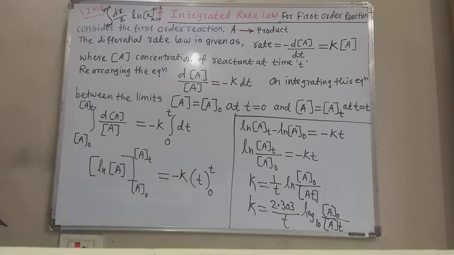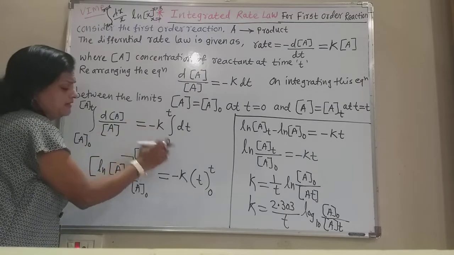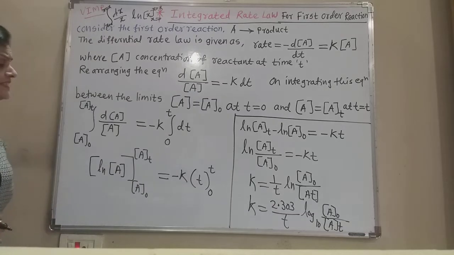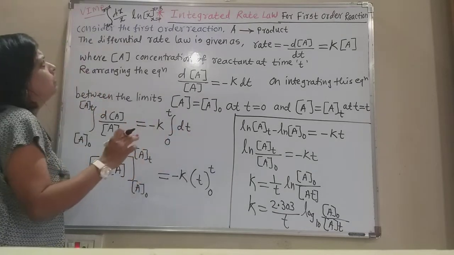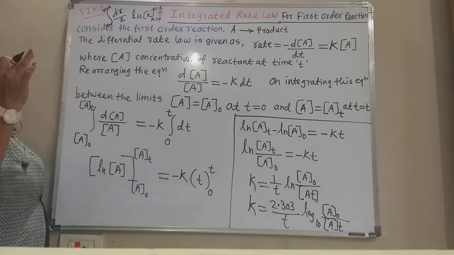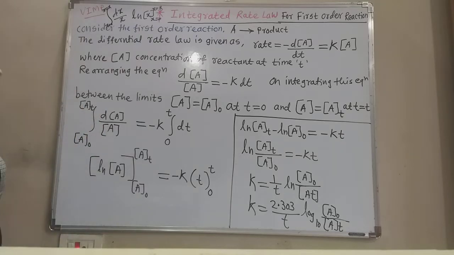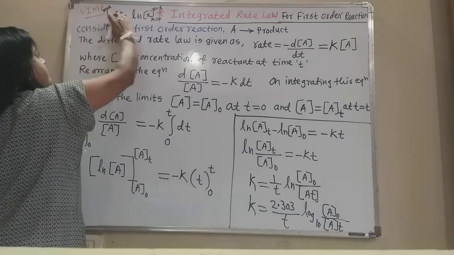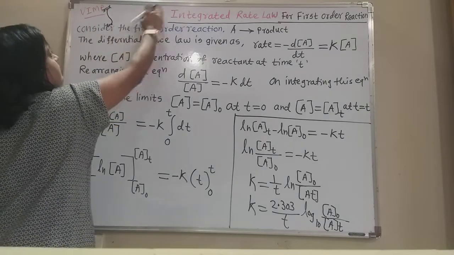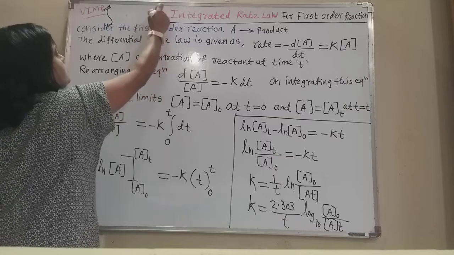In the same way, as k is constant and the minus sign is outside of the integration sign, so the integration of dt, now there is another rule of integration, the integration of only dx. What is the integration of only dx?